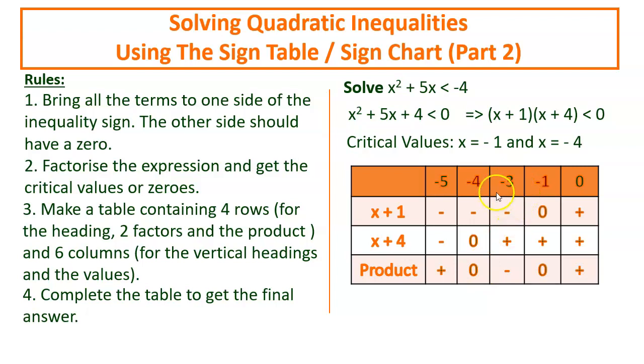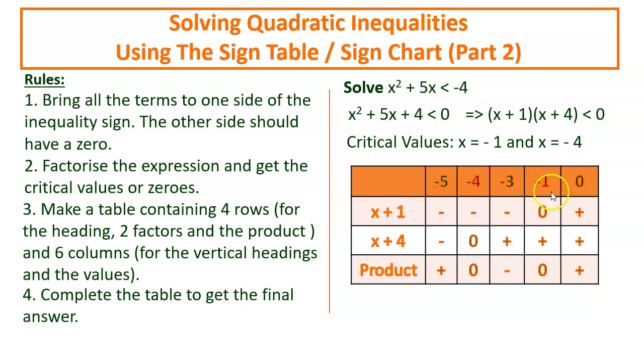Now it is the turn for the number -3. -3 plus 1 is -2, again a negative sign over here. -3 plus 4 is +1. It is a positive number, so we have a plus sign. And a negative number multiplied with a positive number will be giving us a negative product. So we have a negative sign over here.